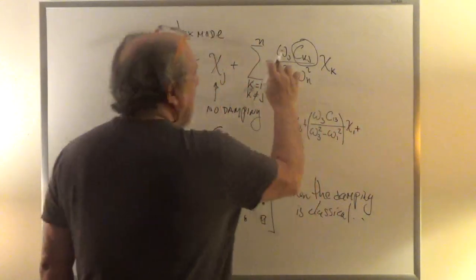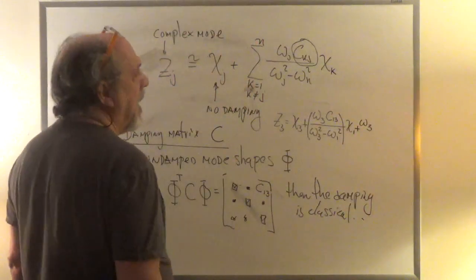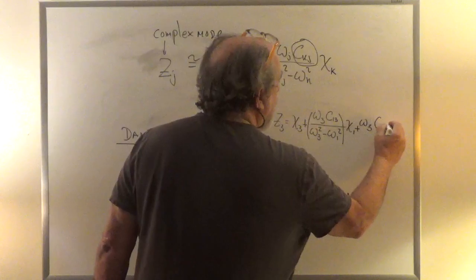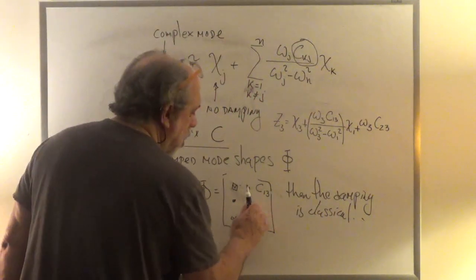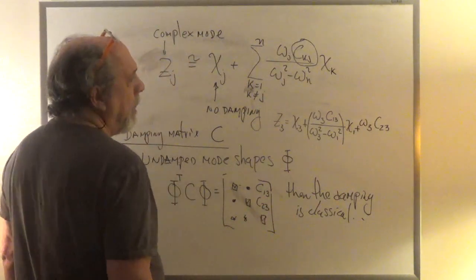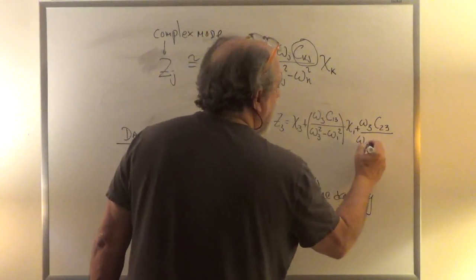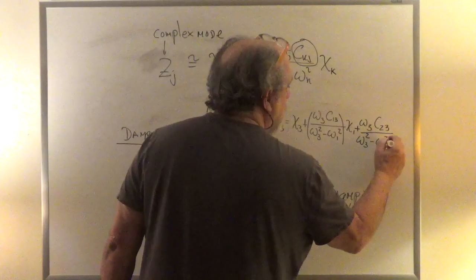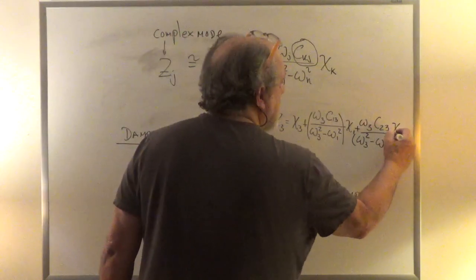Plus, the next term would be omega 3 multiplied times C23, second row, third column, divided by omega 3 squared minus omega 2 squared, multiplied times x2.